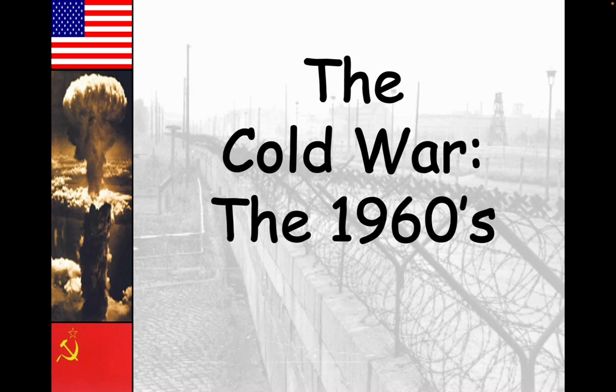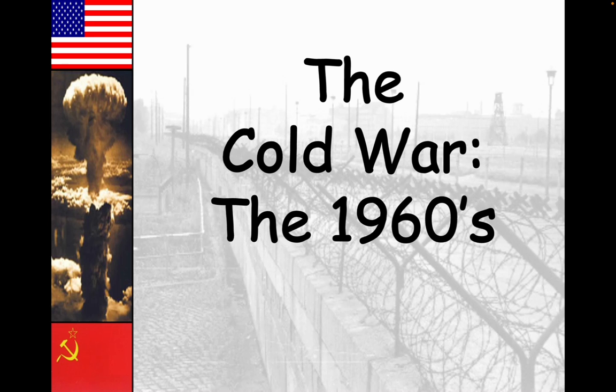So the Cold War in the 60s, this is where we see some significant changes. Just to set the stage, when the calendar turns to 1960 in January, we have a very intense Cold War being fought. The United States is trying to contain communism. The Soviet Union is trying to spread communism. Both sides have a defensive military alliance system set up.